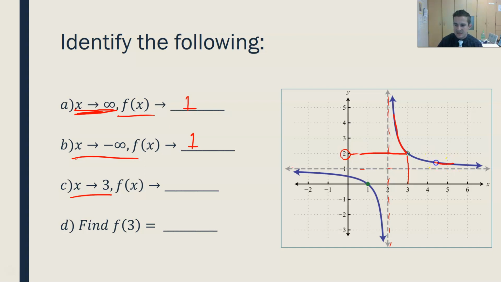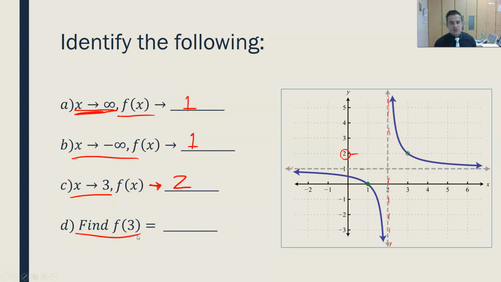Coming from this side, as I get really close to this hole, I'm approaching the y value of 2. I never actually touch 2 because there's a hole there, but that's what this little arrow means: I approach, I get really close to the y value of 2. So as x goes to 3, f of x gets really close to 2. So as x gets close to 3, y gets close to 2.